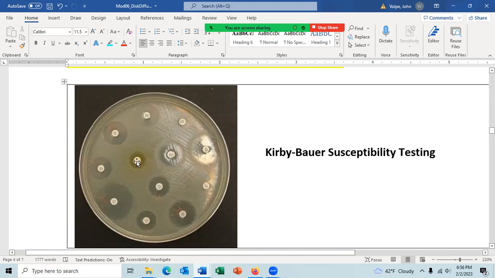So on this one and that one, we don't know if it's resistant or sensitive because different antibiotics have a different size to be sensitive in their zone of inhibition to the antibiotic. And you just have to look. The larger antibiotics will have a smaller zone of inhibition than a smaller antibiotic. That's one thing that can affect it.